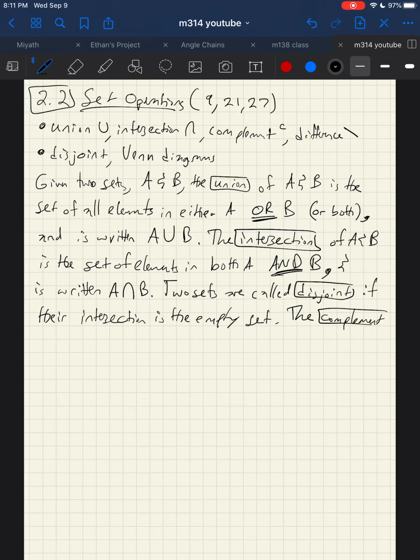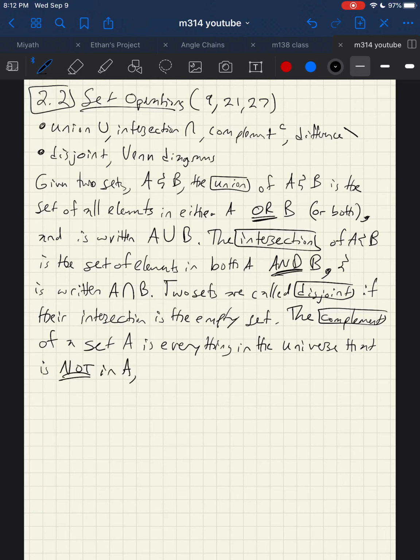The complement of a set A is everything in the universe that is not in A, and is written a whole bunch of different ways.